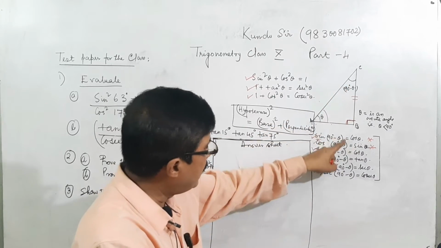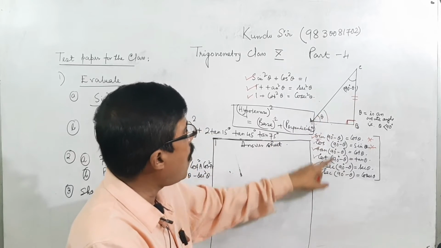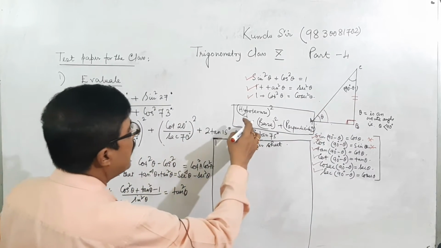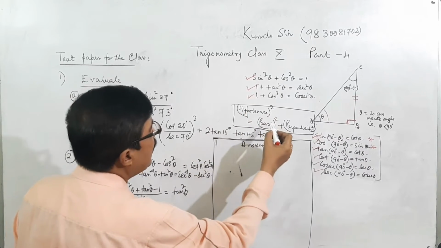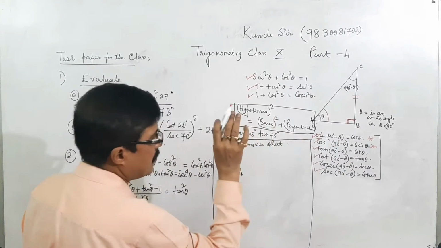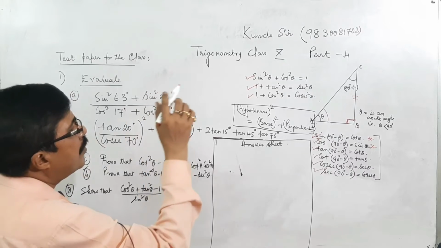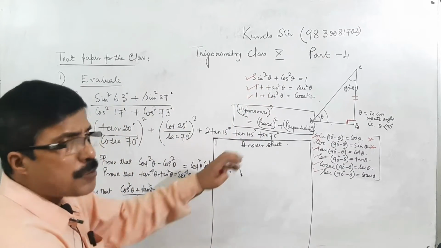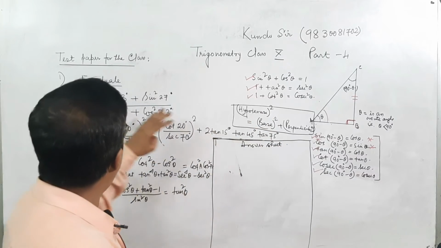At that time we will get the explanation of all of this. Also I have written here hypotenuse square equals base square plus perpendicular square, and the 3 main identities are written. This portion is required.